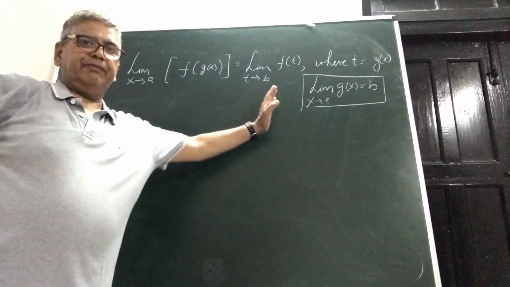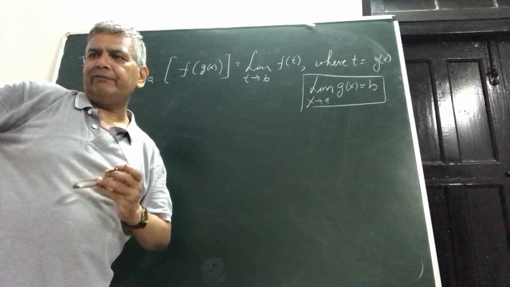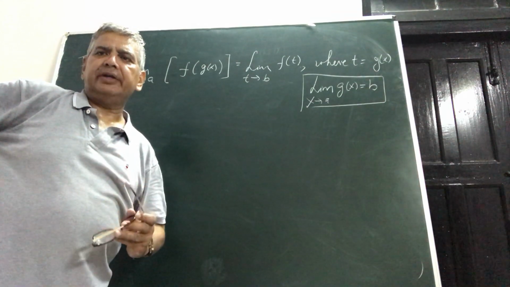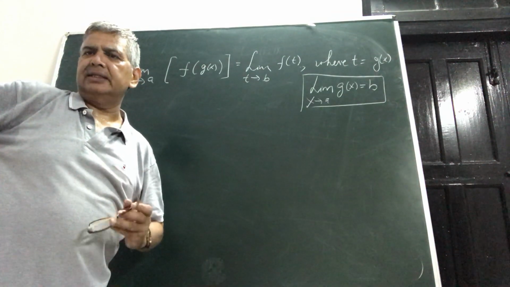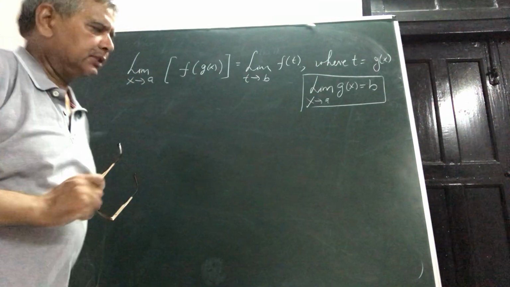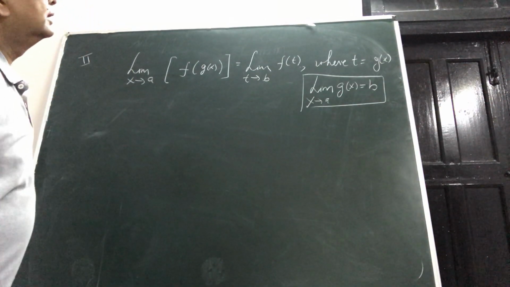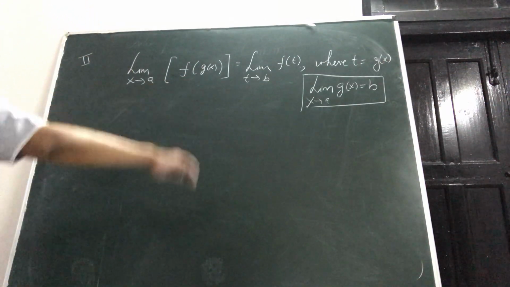So this result is a fundamental result, and I will make sure that you have in-depth knowledge of each and every result as far as limits and derivatives are concerned, because that will form the basis of your mathematics as well. So please make sure.